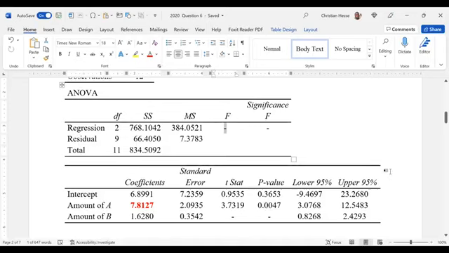Who can tell me? Sir, it is SS regression divided by SS residual. Not SS, rather MS. It is MS regression over MS residual. So MS regression over MS residual. That is great.